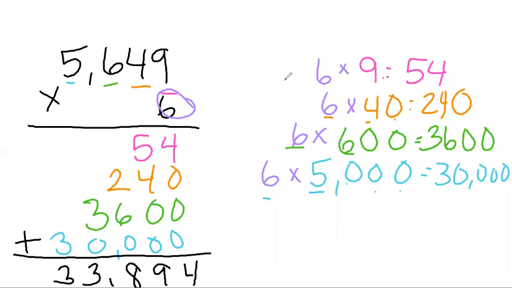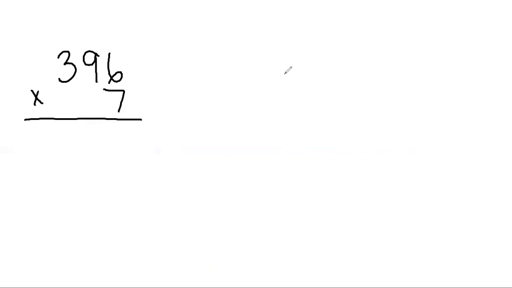Let's do one more together. 396 times 7. Write that problem down. Step 1, we need to break the number 396 up into its place values. So I have a 6 in the ones, so its value is 6. I have a 9 in the tens.